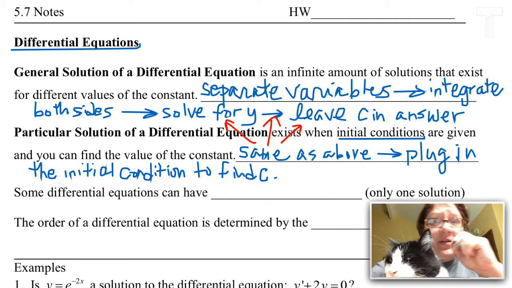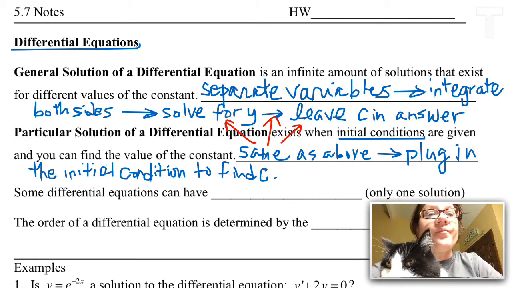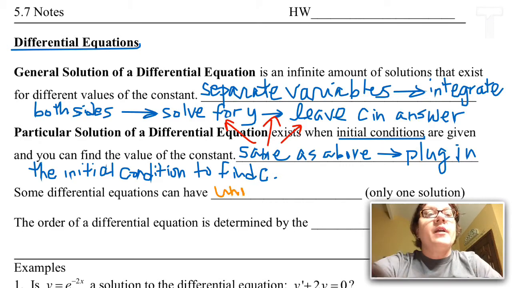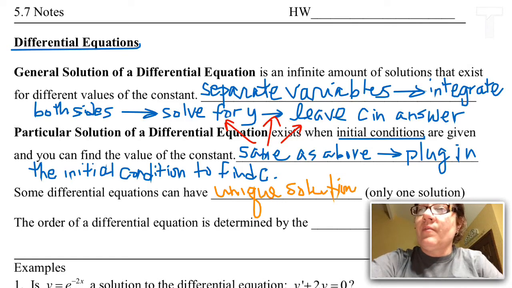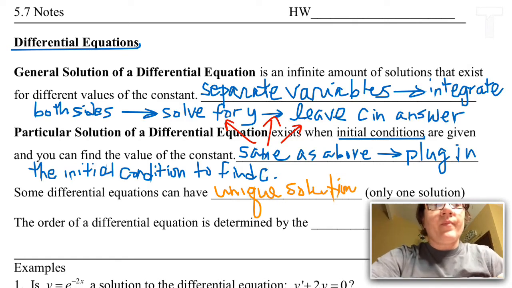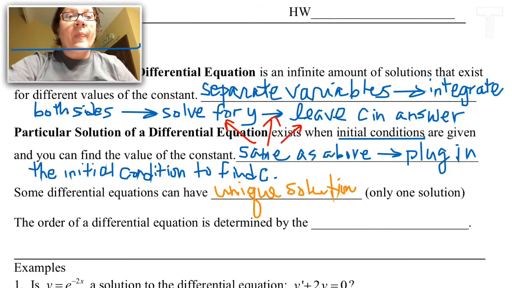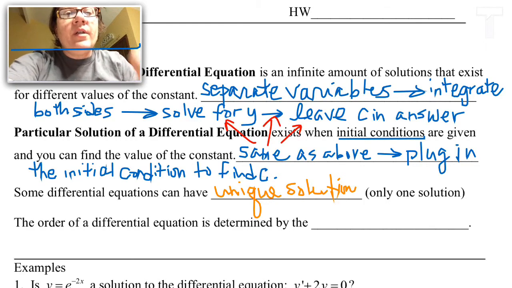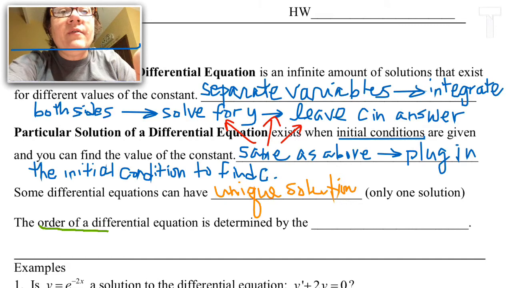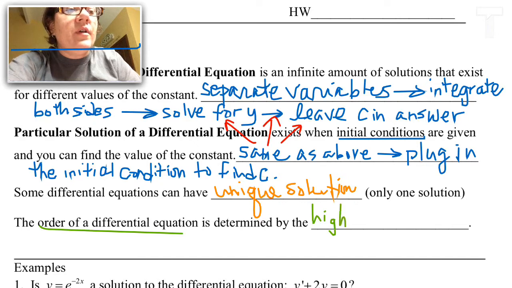And then, keep in mind that some differential equations will actually have a unique solution. But not all of them. And as a new terminology, the order of my differential equation is determined by the highest order derivative.